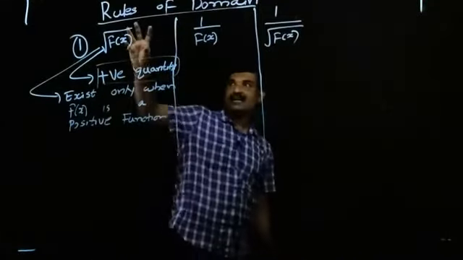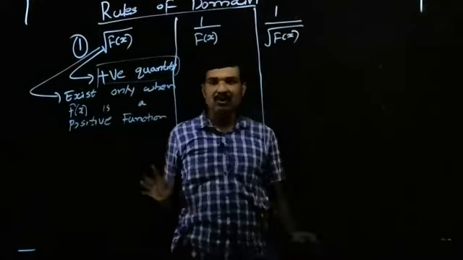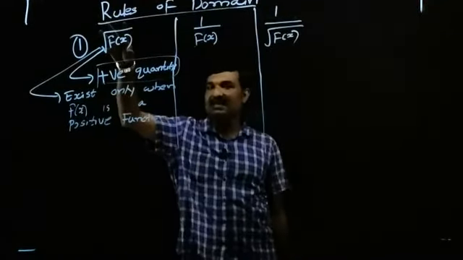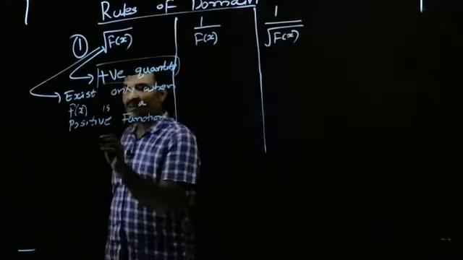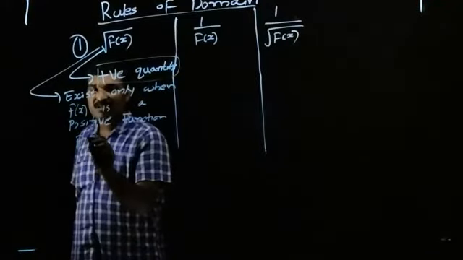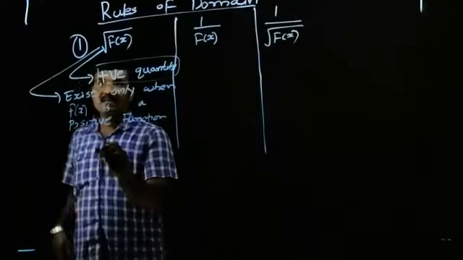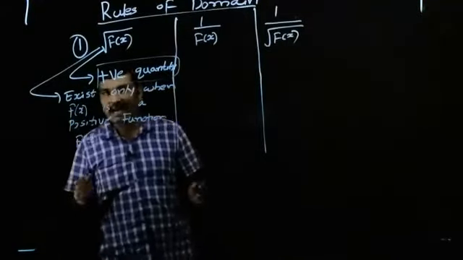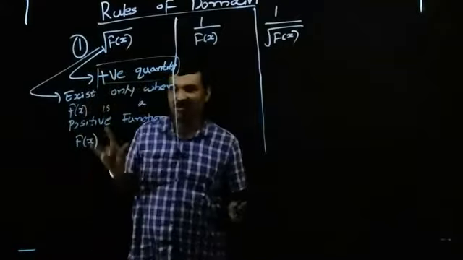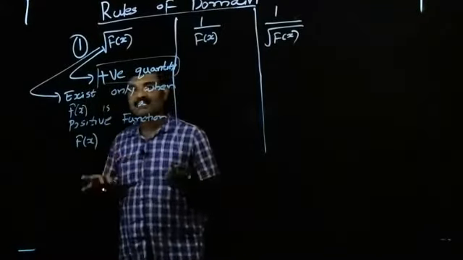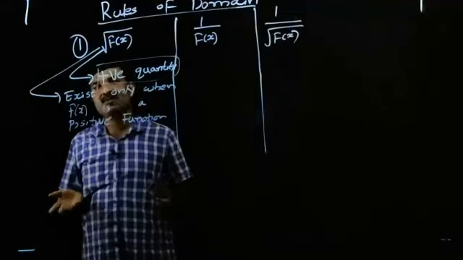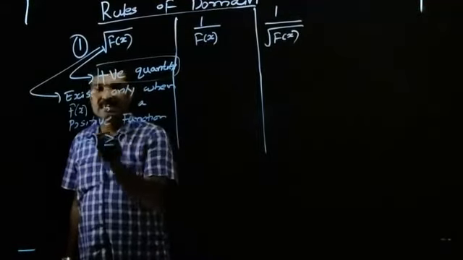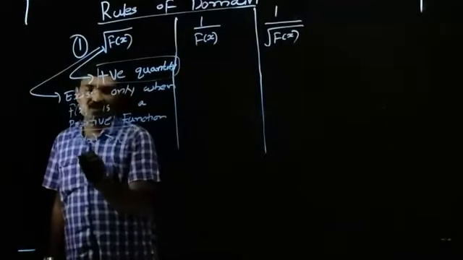So whatever is inside the square root should be positive, then only this function is defined, right? We can assume f of x positive means that this may be 0, so we can say f of x is a non-negative quantity. Non-negative means either a positive quantity or 0. So this is defined only if f of x is greater than or equal to 0, right?